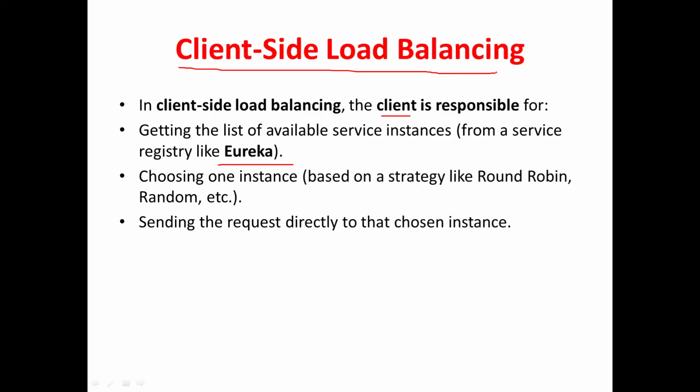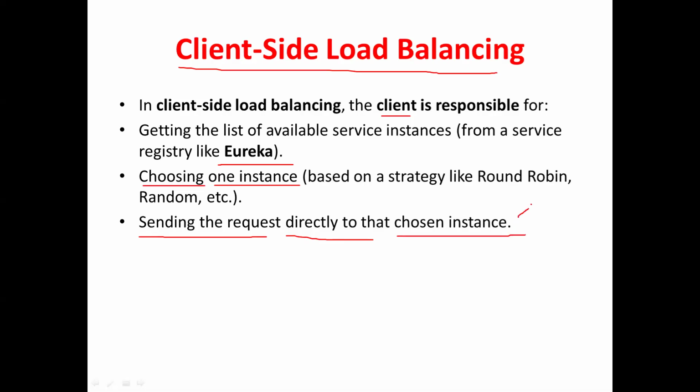As part of client side load balancing, we need to choose one instance based on a strategy like round robin, random, different types of algorithms. Eureka supports the round robin algorithm load balancer. Of the available instances, it will pick one and you can forward and communicate with that particular microservice, sending the request directly to that chosen instance.